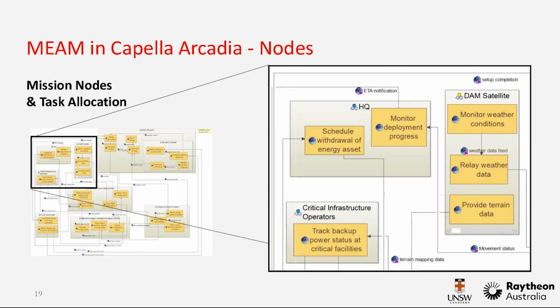So a very important point here is that all these diagrams are using the MEAM icons and the terminology of mission engineering, which makes it easier for mission engineers who have limited knowledge about MBSE or systems engineering in general.